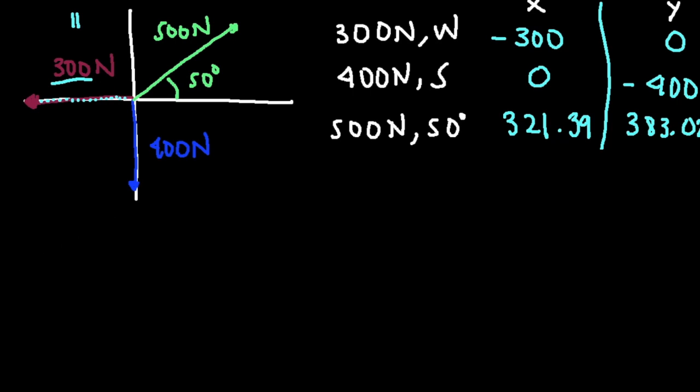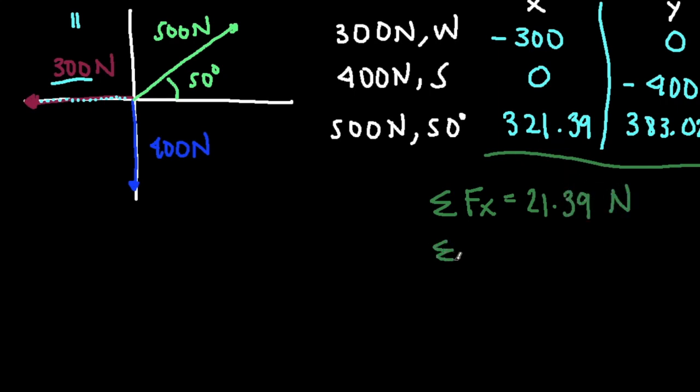So the next step is finding the summation of the x and y components. Let's use another color. I'm going to use dark green. So we have the summation of all the F of x's: negative 300 plus 321.39. The answer is pretty obvious, but I encourage you to use your calculator if you're a beginner. So we have 21.39 newtons.